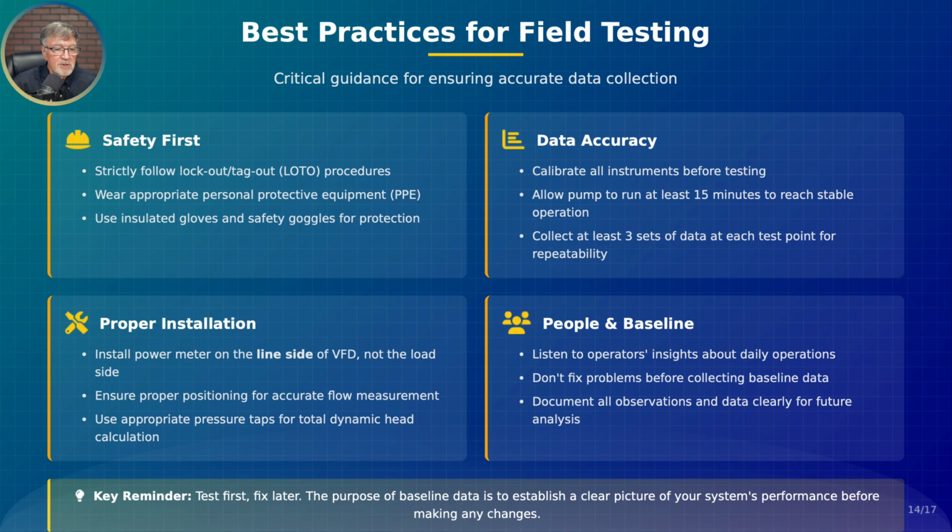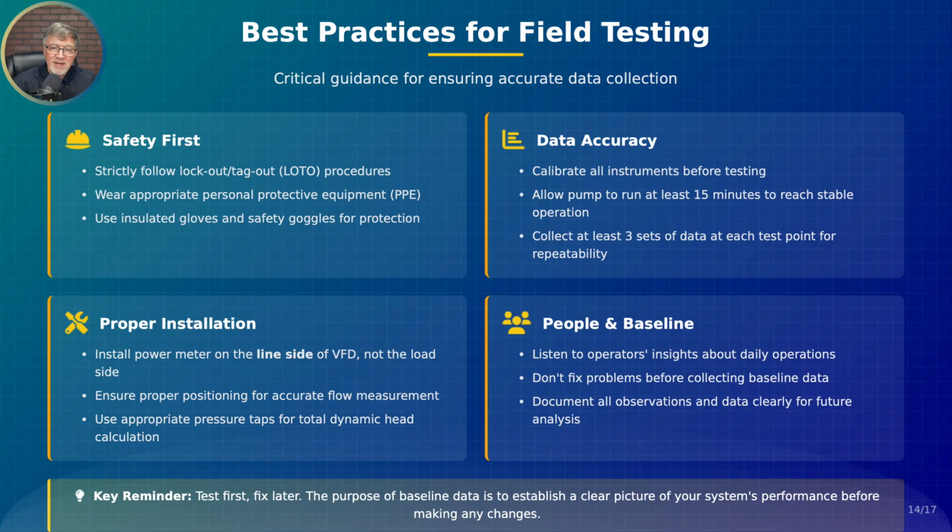Proper installation: install a power meter on the line side of the VFD, not the load side, so that you get an accurate measurement there. Ensure proper positioning for accurate flow measurement, and use appropriate pressure taps for total dynamic head calculation.